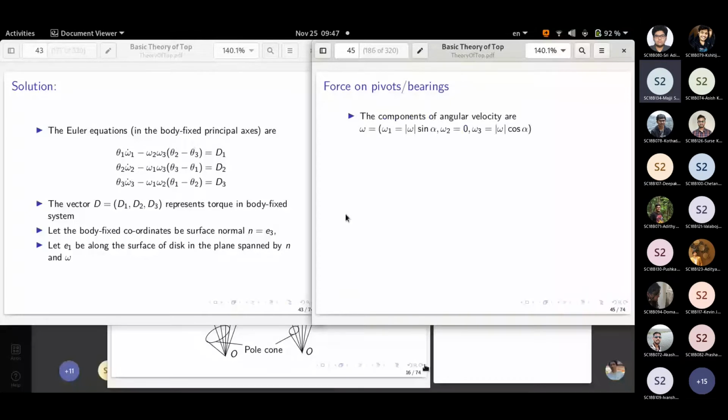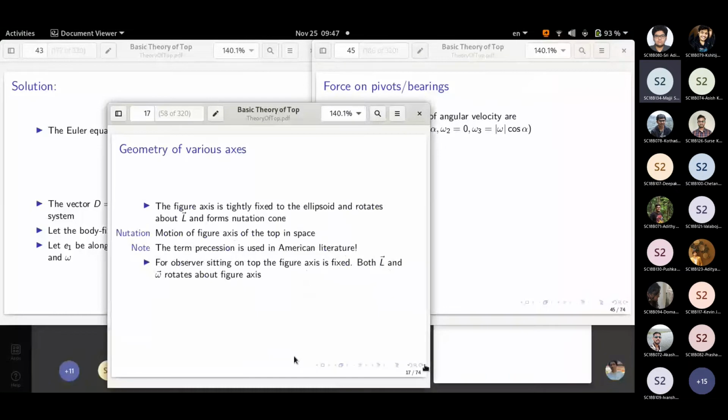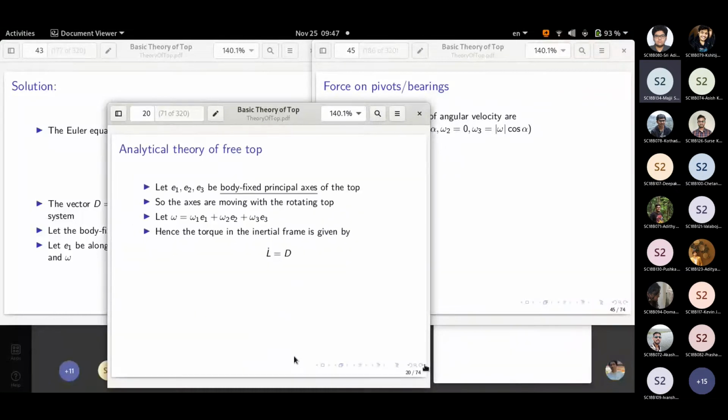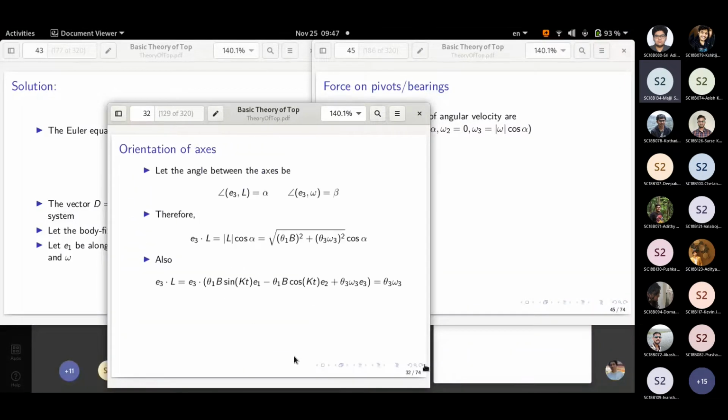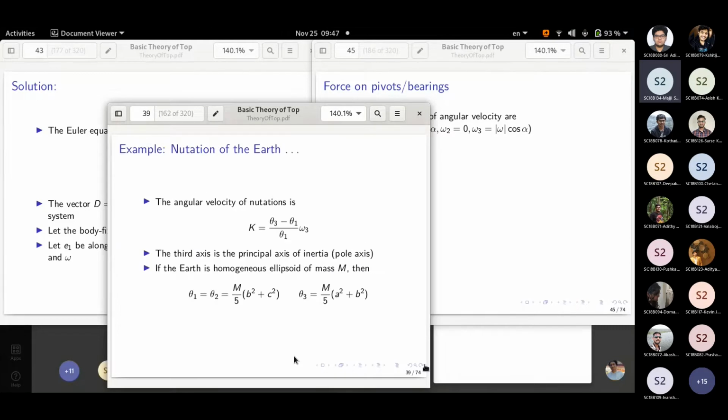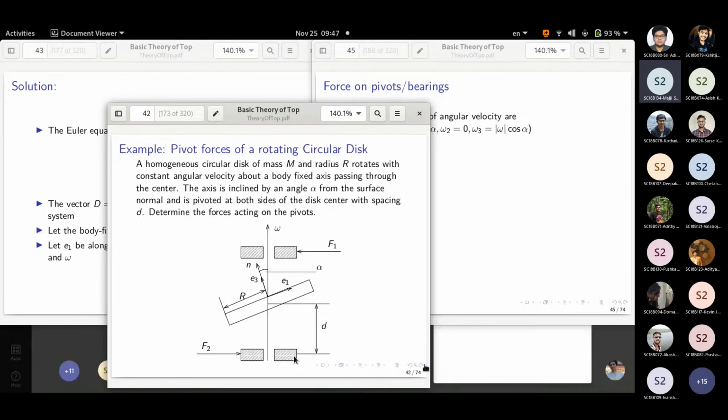What is the angular velocity? If you have to compute with respect to the body fixed coordinates, let us go to that figure. In this figure, along the E3 direction, what is the component of omega?